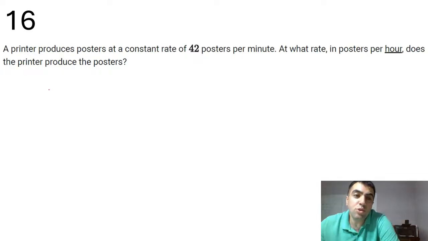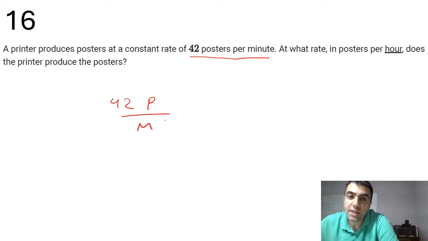Okay, a printer produces posters at a constant rate of 42 posters per minute. At what rate in posters per hour does the printer produce the posters? Posters per hour. Okay. We should get minute, hour, right?